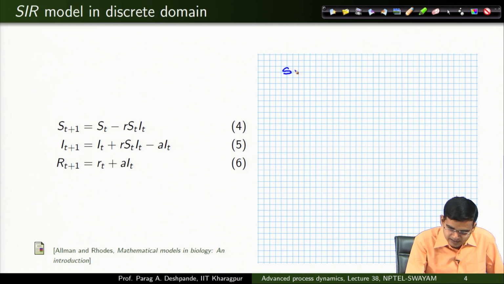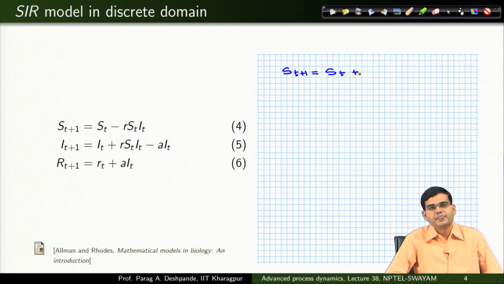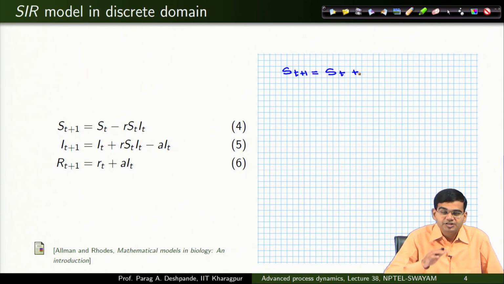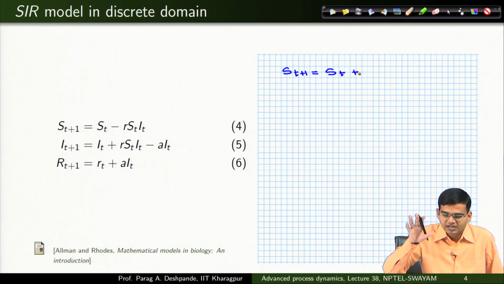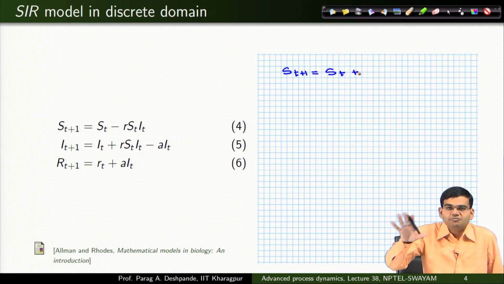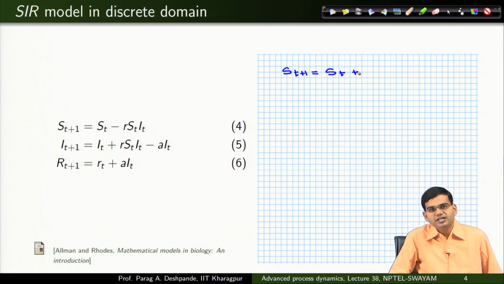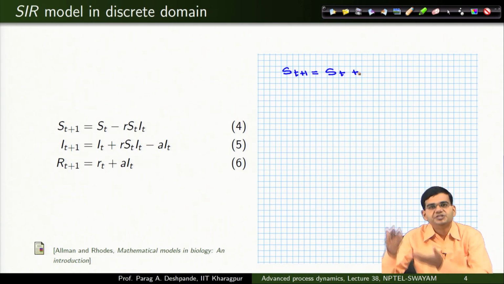S at time t plus 1 will be equal to S at time t plus or minus some quantity, depending upon whether the population in that particular compartment is increasing or decreasing, but that can be taken care of by the sign itself. Now, that quantity should be in correspondence with the time rate of change.